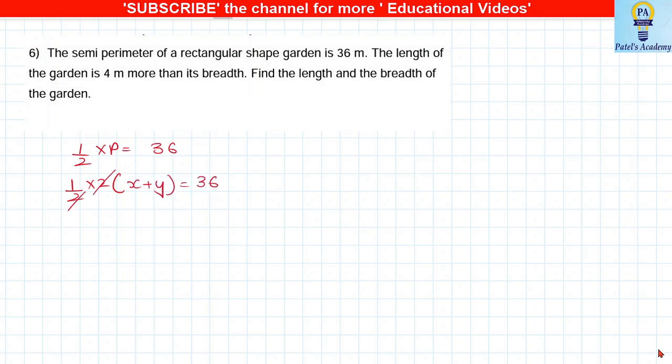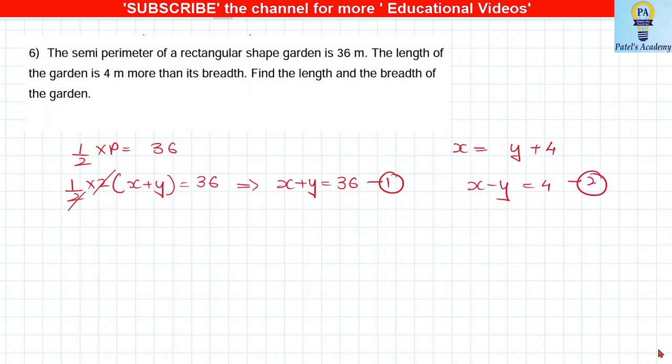So 2 will cancel. I got the first equation as x plus y equal to 36. Second equation, the length is 4 more than the breadth. After I shift, I get x minus y as the second equation.